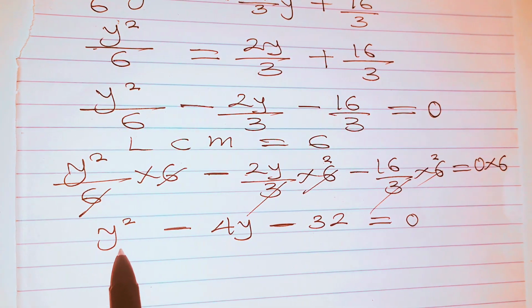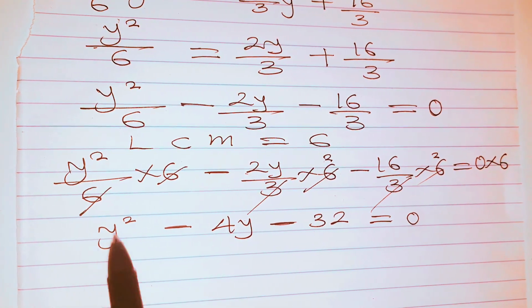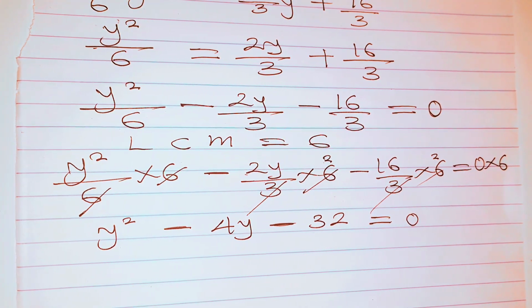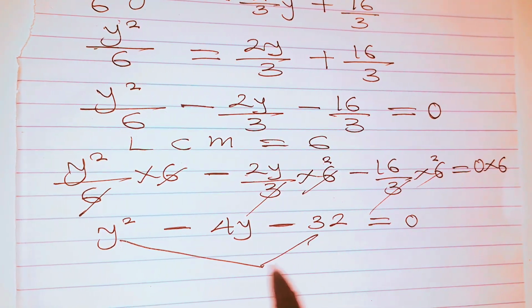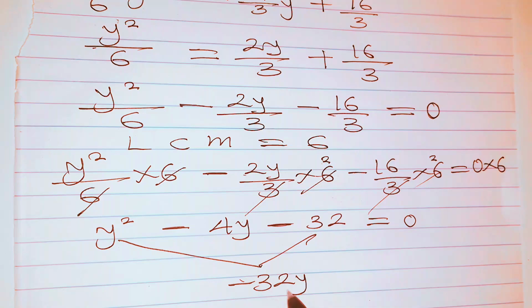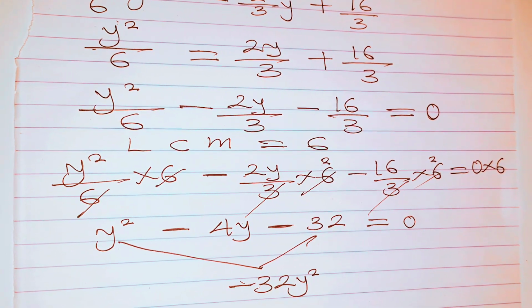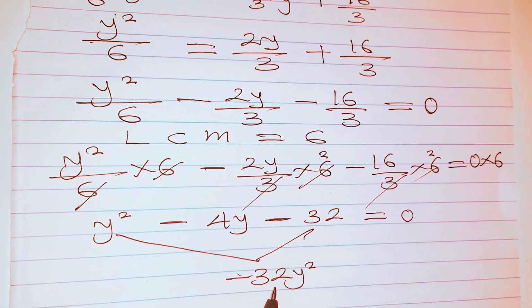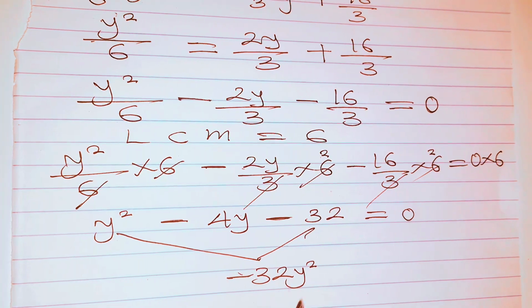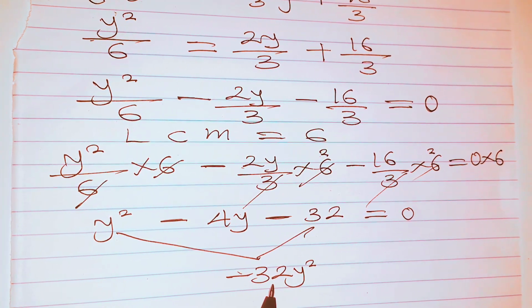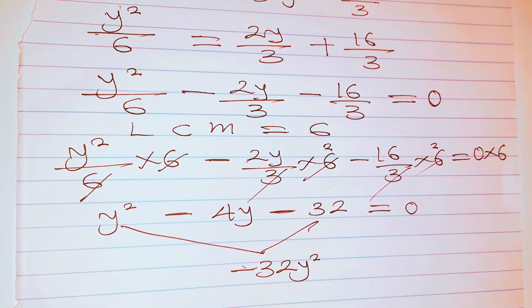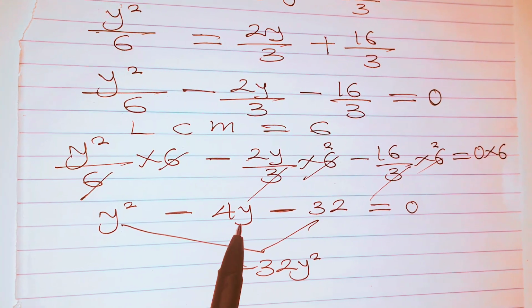So what we want to do is to multiply the first term here by the constant term we have in our equation. So multiplying this by this leads us to minus 32y squared. And then we'll go ahead and look for the set of factors of minus 32 that multiply to give us minus 32 itself, and in such a way that the addition of those two factors will give us minus 4.